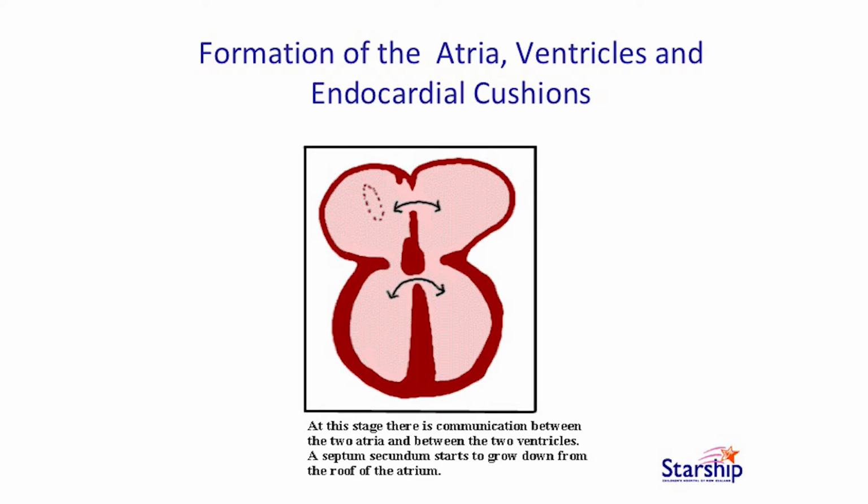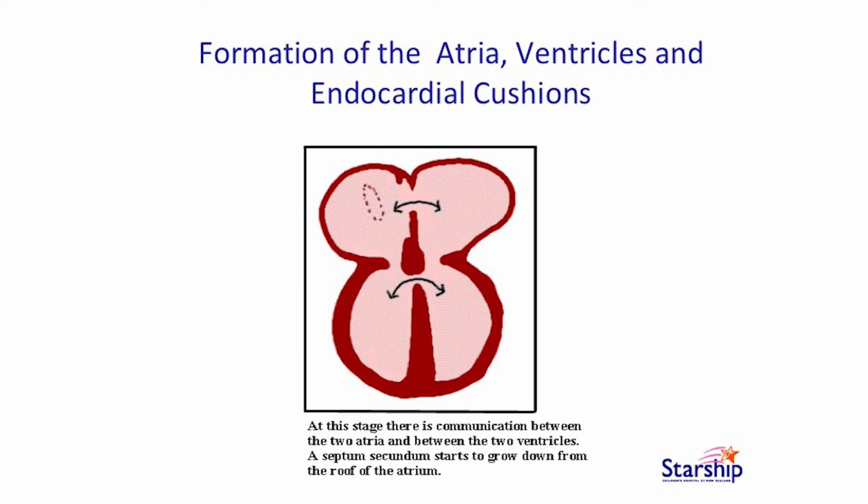So that gap closes, one, because the septum is heading towards each other, but also because the aorta and the pulmonary trunks are doing their thing at the same time, which we'll get to. So at this stage of development, there's a communication between the left and right atria, and also between the left and right ventricle.